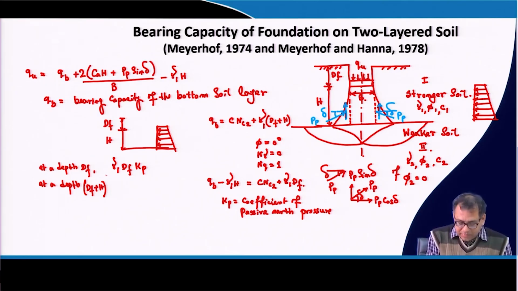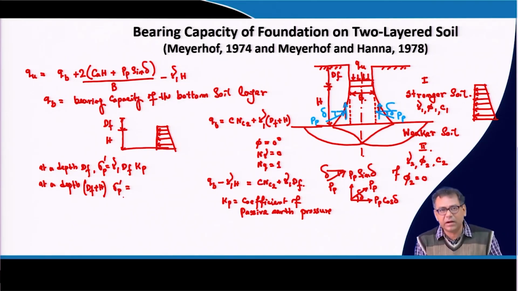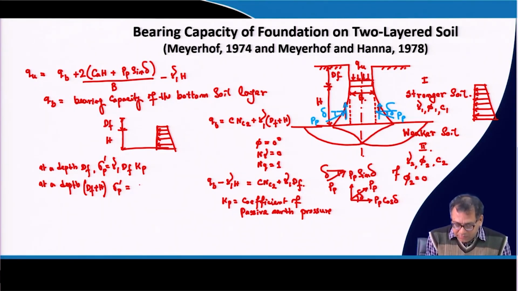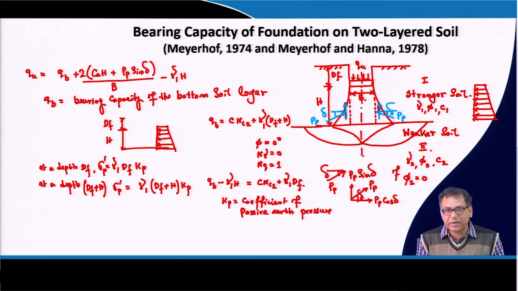So, my sigma p, or actually this is sigma effective, but here the water table is not considered, so I am taking effective and total as the same. This value will be gamma 1 into Df plus h into Kp, that is the pressure. So, this is a trapezoidal distribution.